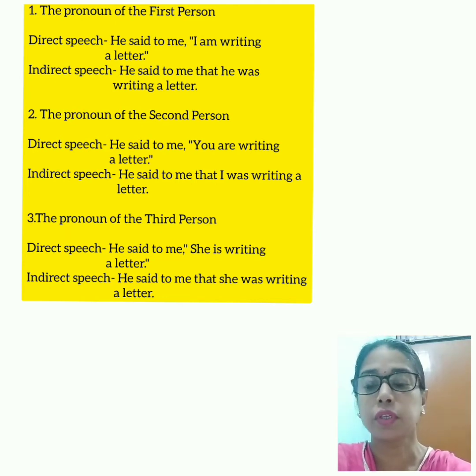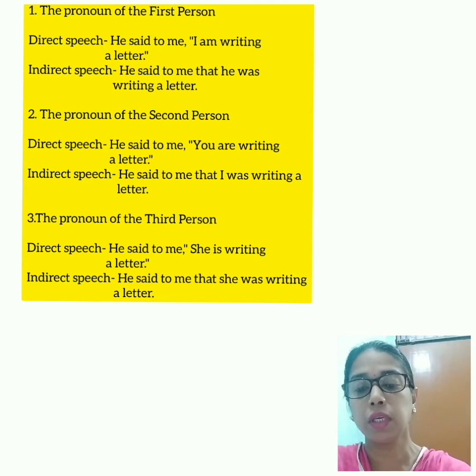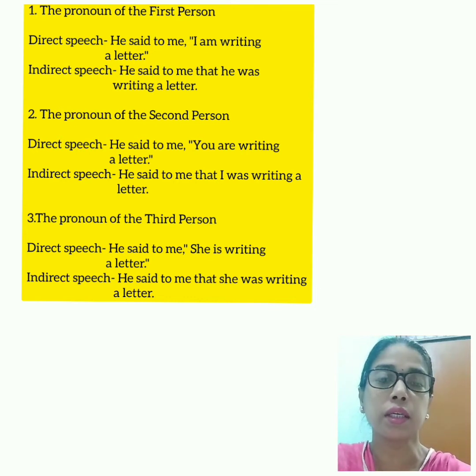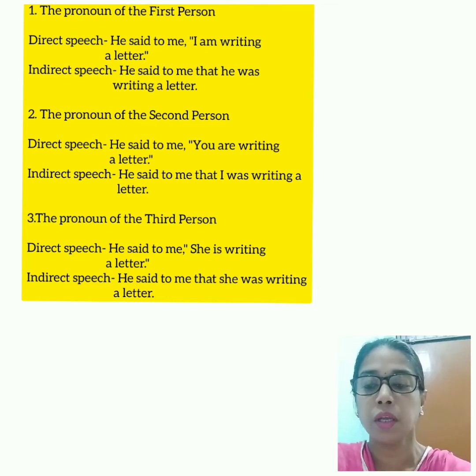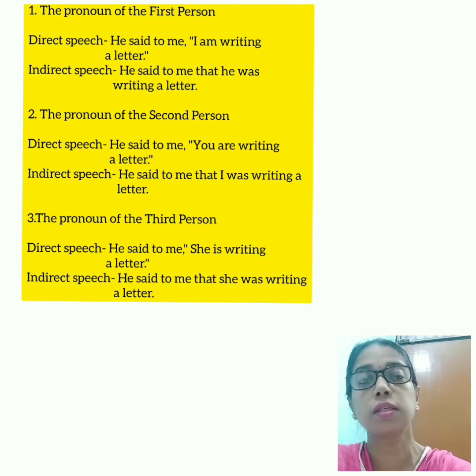Like for example, he said to me, I am writing a letter. Now here in the reported speech the first person has been used, I. So I is related to the subject in the reporting verb, and the subject in the reporting verb is he.